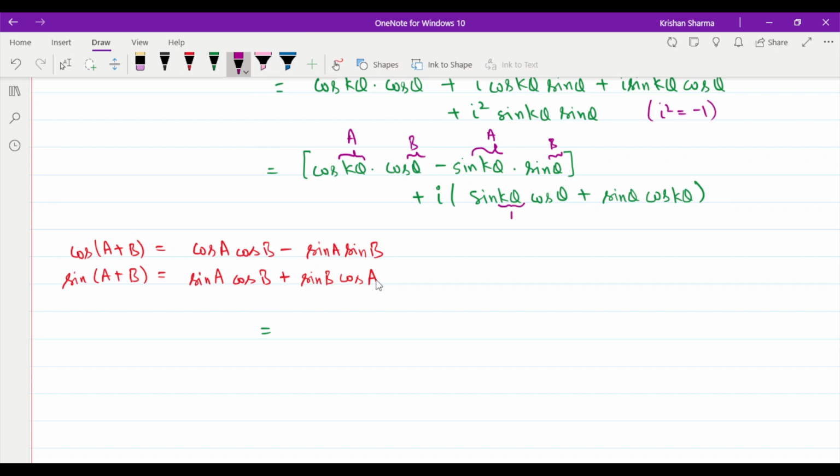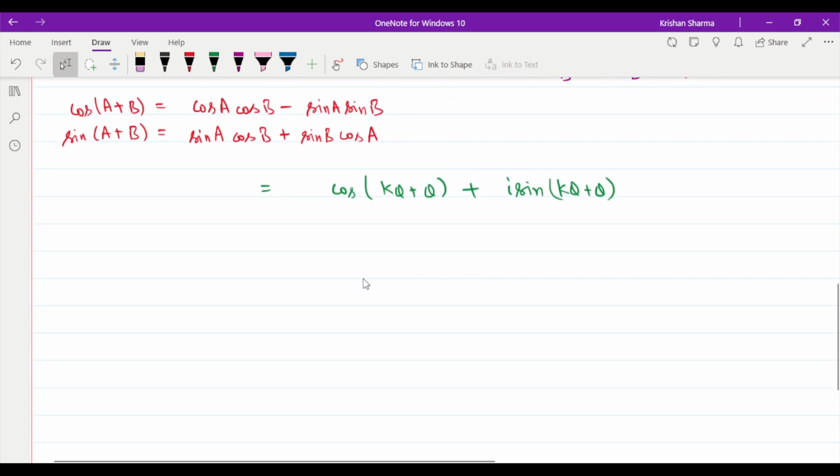Similarly here, this is a, this is b, this is b, and this is a. So what we get is cos of (k theta plus theta) plus iota sin of (k theta plus theta).